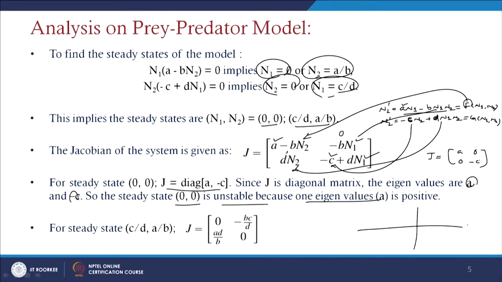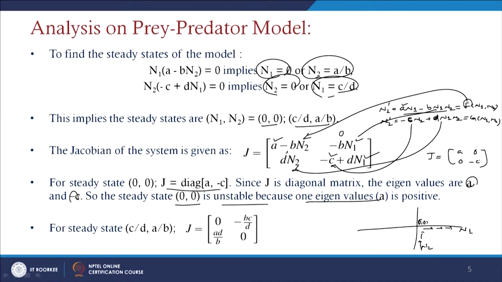This means that if you see the phase diagram, we can find that minus c is present along the n2 axis, so it will push towards the 0 0 point. But along the x axis, say this is the n1 axis and this is the n2 axis, the arrows will go outwards at this level, while at this level they will move towards the 0 0 point.